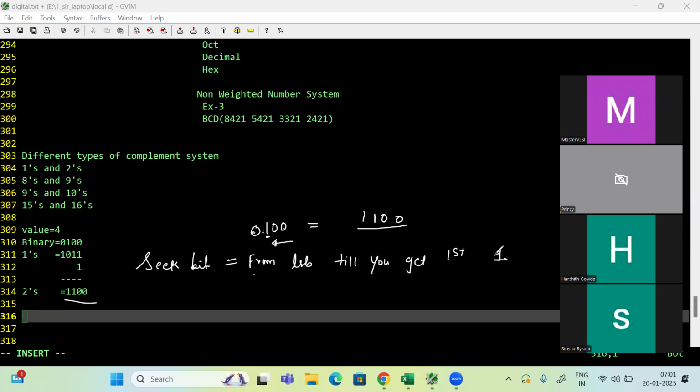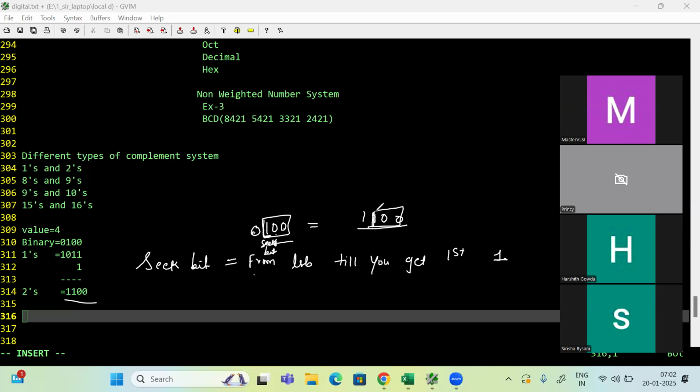The 1 also will be written the same; that is called the sig bit. Till you get the sig bit, write as it is. After the sig bit, invert or complement, and you get the two's complement.